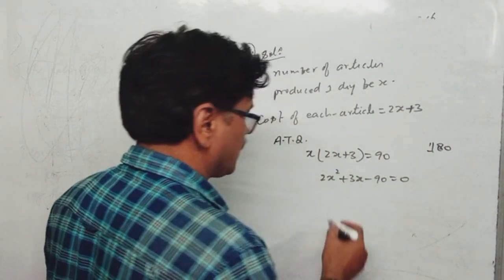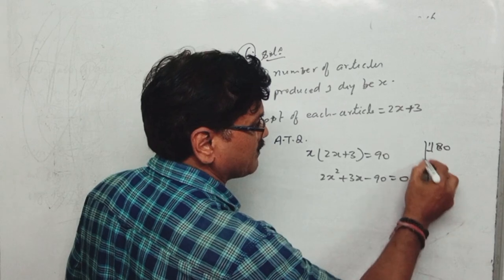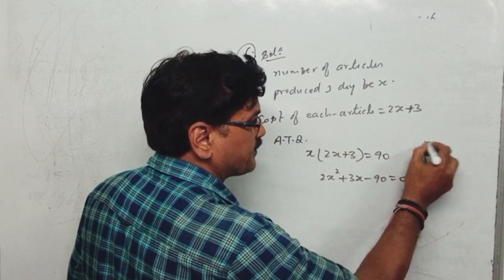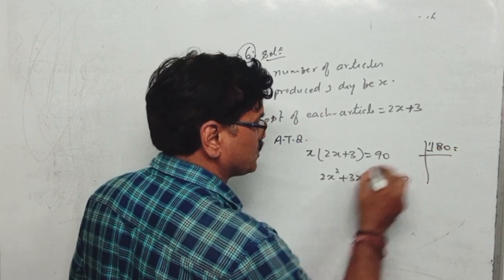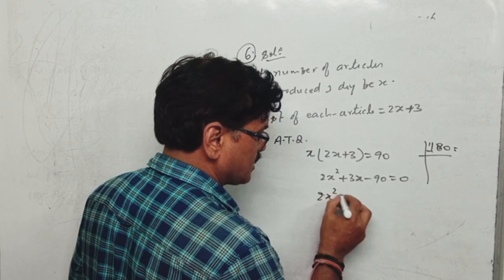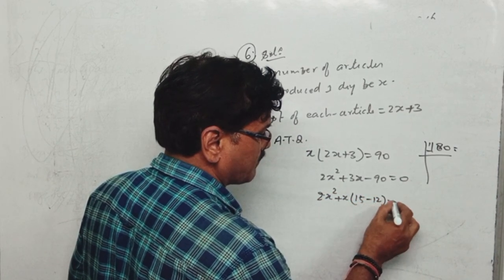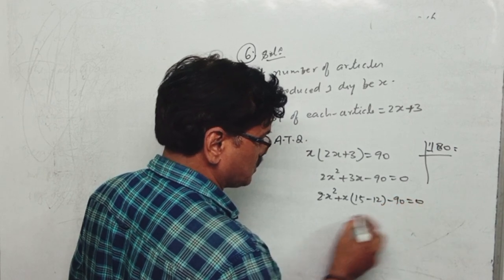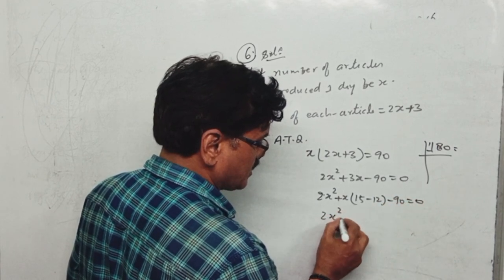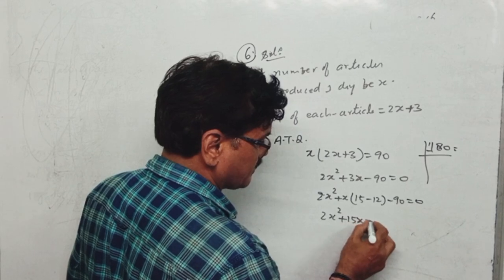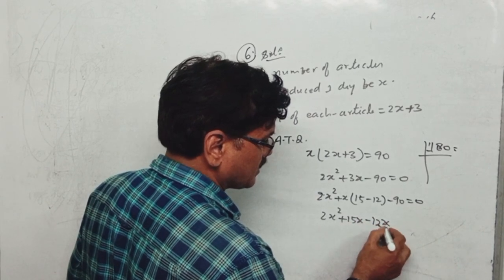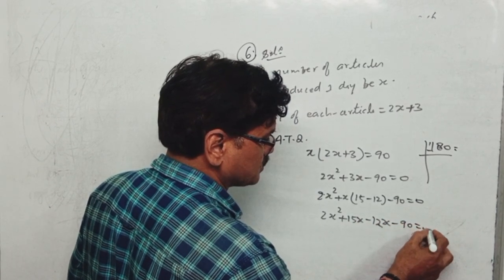Now it will be 180, so 180 is 15 into 12. So 2x square plus x in bracket 15 minus 12 minus 90 is equal to 0. 2x square plus 15x minus 12x minus 90 is equal to 0.